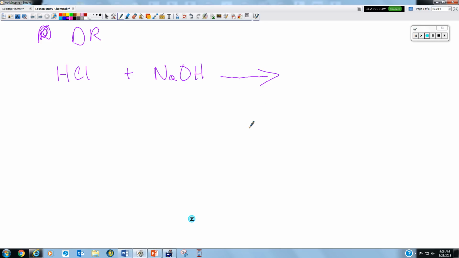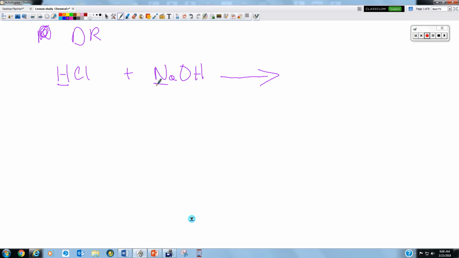Now, this is a double replacement reaction. Pick up whatever needs to be picked up. All right, for a double replacement reaction, all we're really going to focus on is the metals. The metals are going to switch places. Anytime you have a double replacement reaction, you don't have to worry about activity series or anything like that.